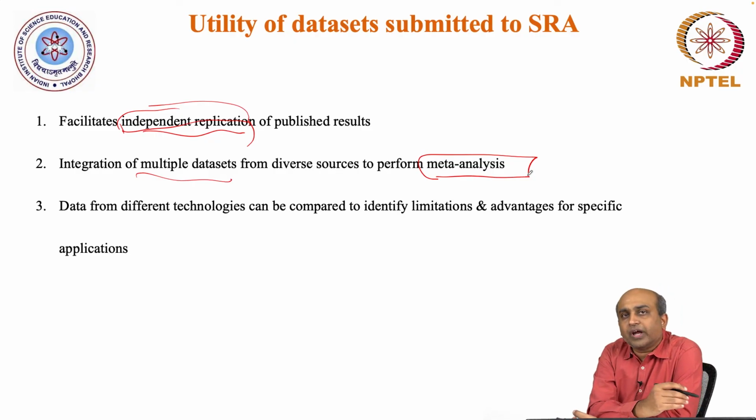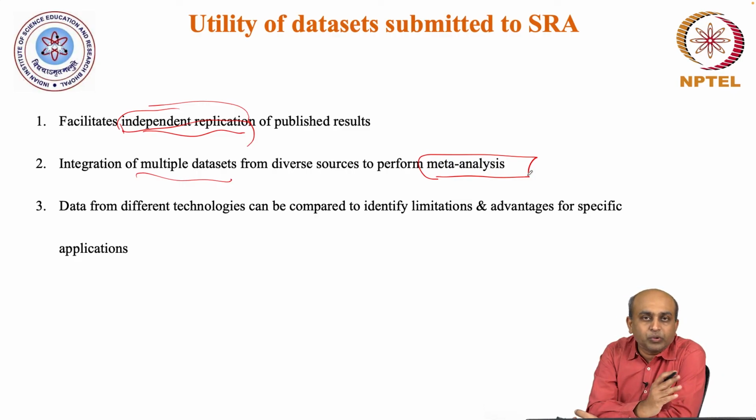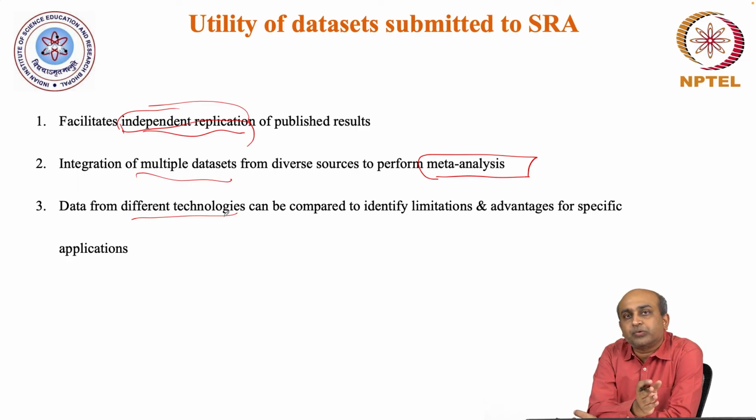Of course, when you have data on the short read archive, it doesn't mean that it has to be only from Illumina, or only from BGI-seq, or only from IonTorrent. There can be different technologies used to generate the data. The same experiment could have been done using Illumina, and the same experiment could have been done using PacBio. And as we saw earlier, there are challenges or limitations for every technology.